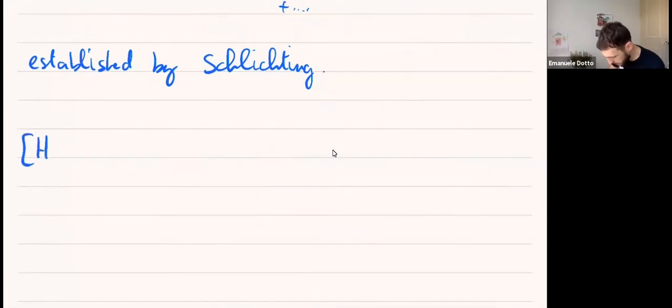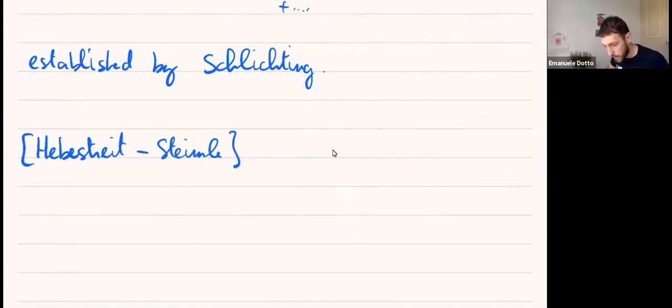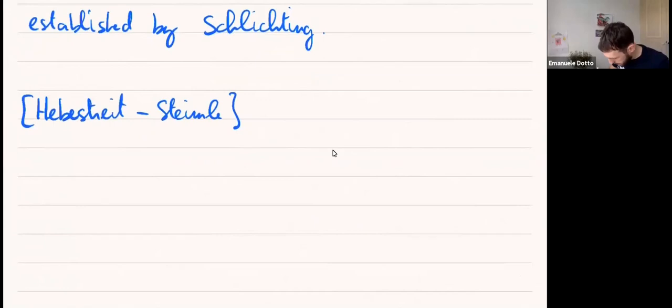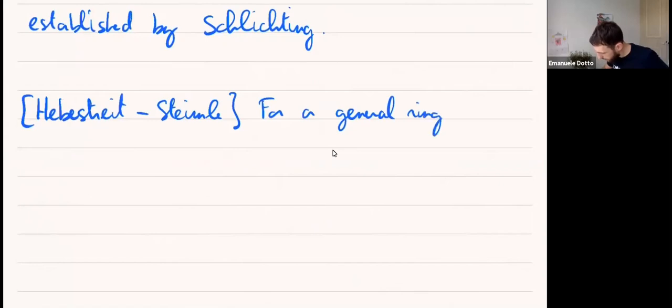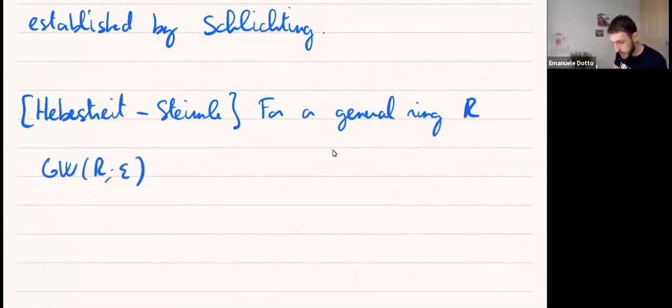So they show that for a general ring R, the way to obtain the Grothendieck spectrum, as I defined at the beginning, is by looking at a specific Poincaré structure on the category among the sequence I gave before.